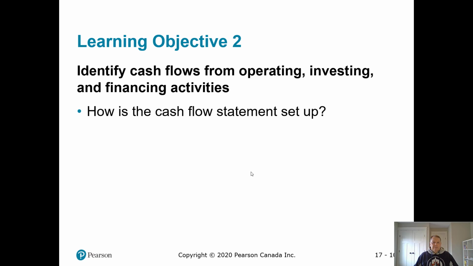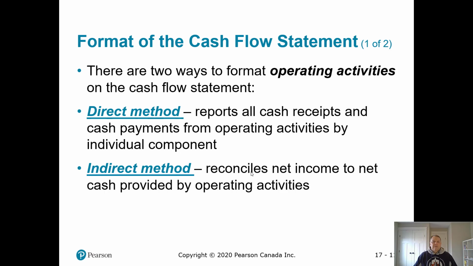Now, how's the cash flow statement set up? Well, there are three different sections that you set up. The first one is called operating activities, and in the indirect method, and we'll key in there, what we're doing is reconciling net income to the net cash provided by operating activities.